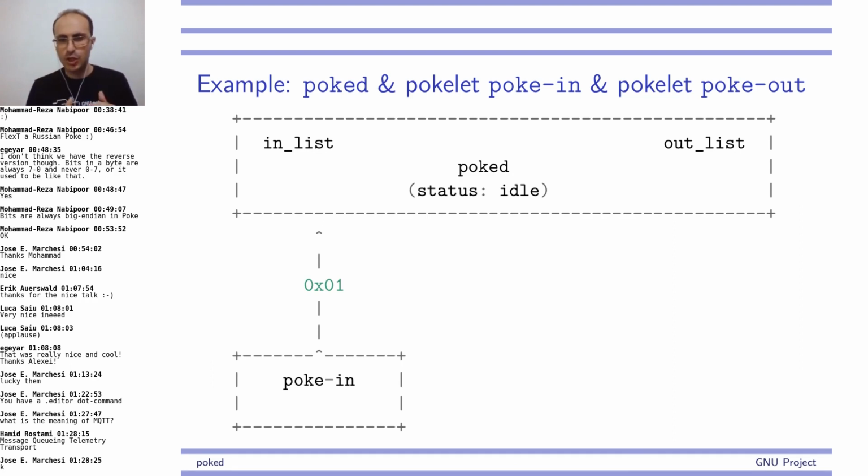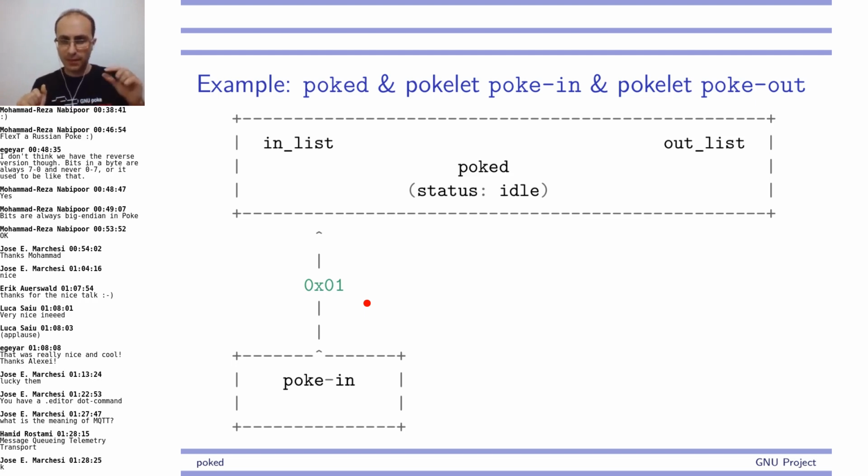First, it should tell POKD its role. So it writes a byte with value 1. The most significant bit, the 8th bit, is 0, which means input, and the seven least significant bits represent the channel number. So it's 1.